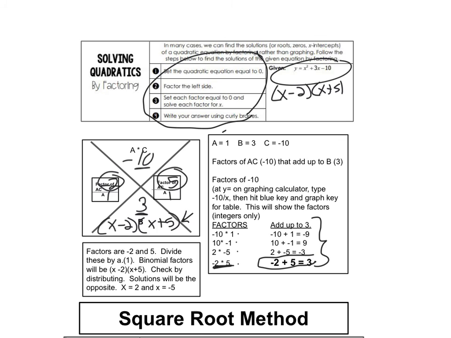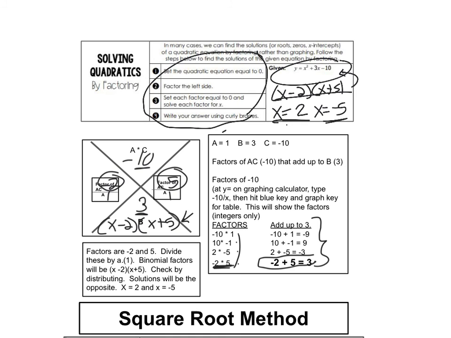Just like negative 2 and 5 are the factors of negative 10, this is the factors of that equation. The solutions are going to be the opposite. X equals 2 and x equals negative 5. And it's always the opposite. If I was to set each of those binomials to 0 and solve for x, this is what I would get. Okay, it's going to be the opposite.